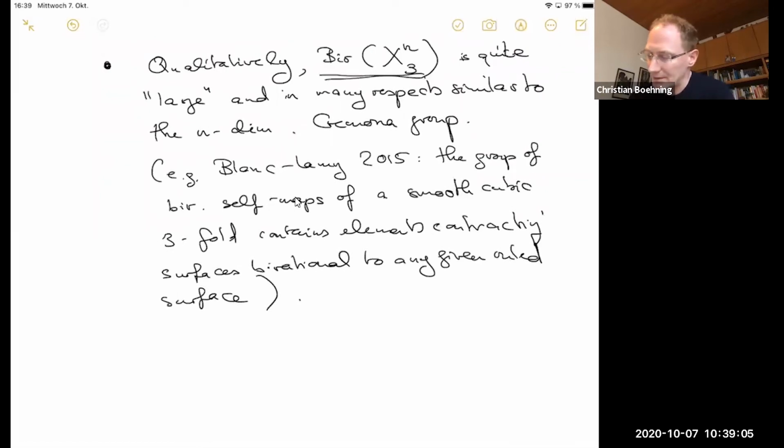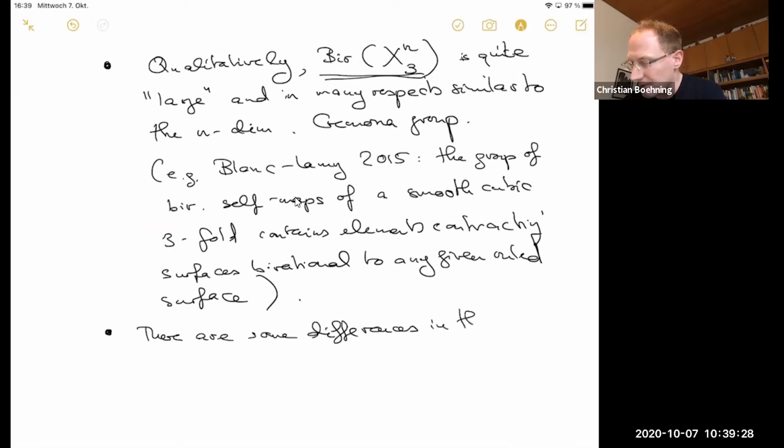But secondly, what I want to say about them is that there are differences in the structure of algebraic subgroups in the two cases of P^n and an n-dimensional cubic.